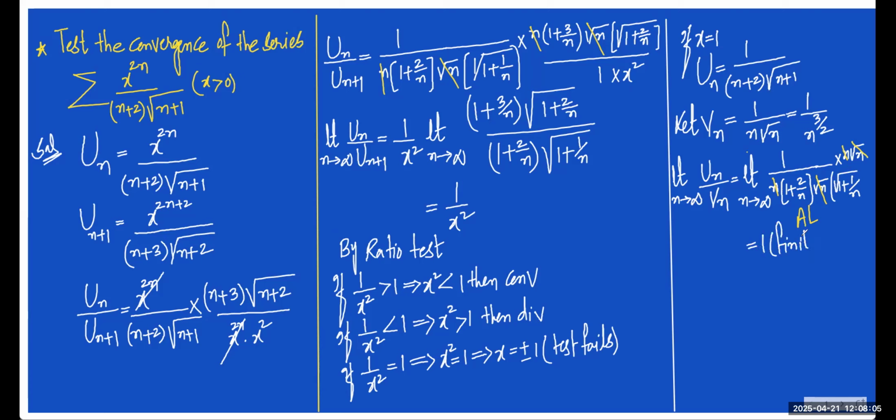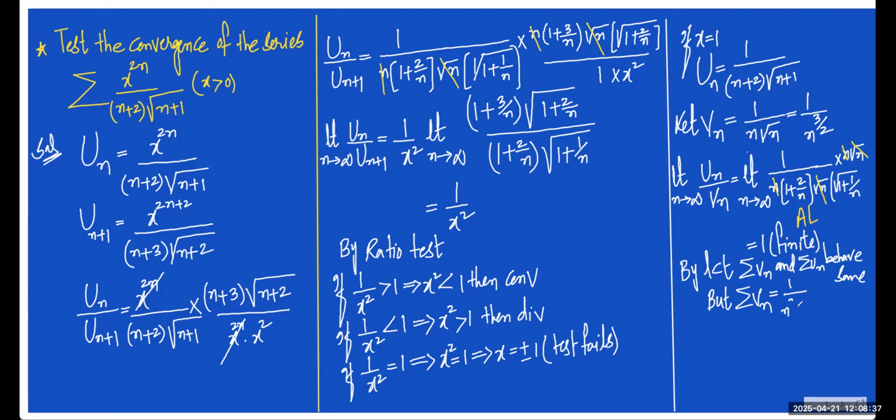So what we have done till now is with the help of the limit comparison test. The statement is that summation Vn and summation un have the same behavior. But notice summation Vn is 1 by n to the power of 3 by 2.